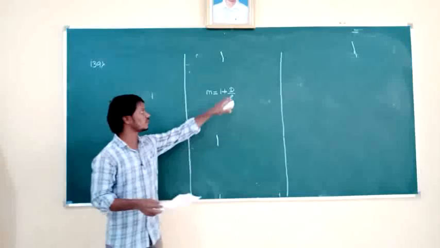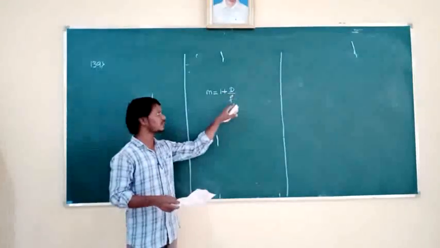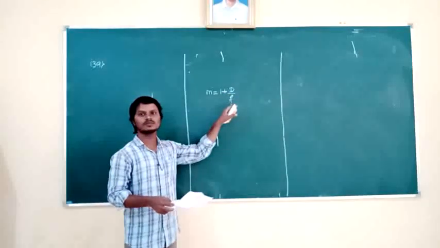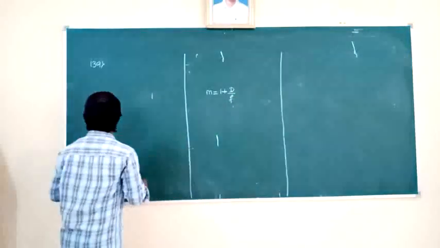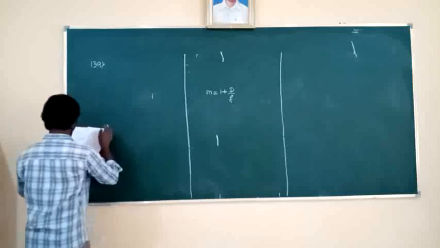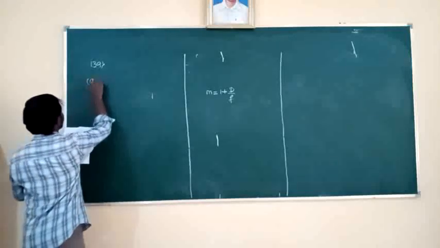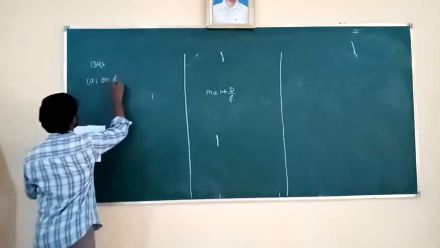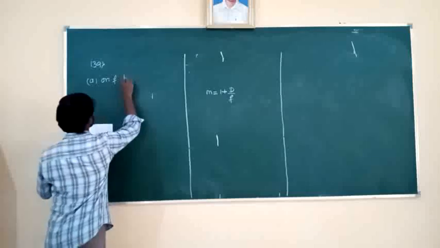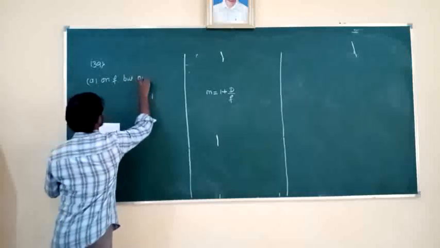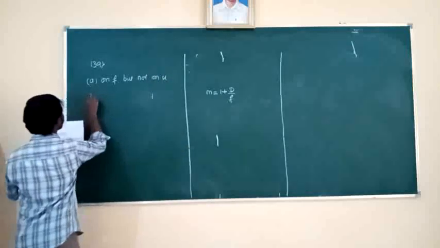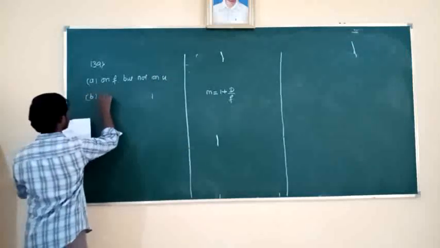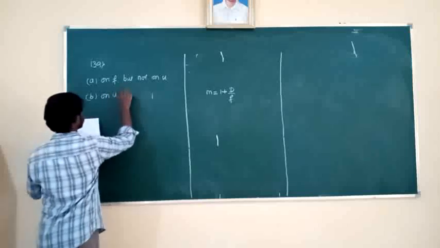It depends on the least distance of distinct vision and focal length, meaning it depends on focal length but not on object distance. So what are the options here? Option A: on f, but not on u. I think you got the answer. Option B: on u, but not on f.